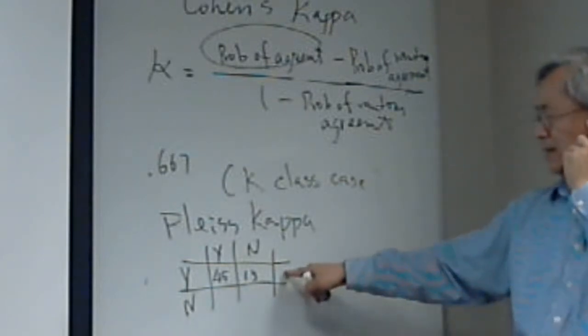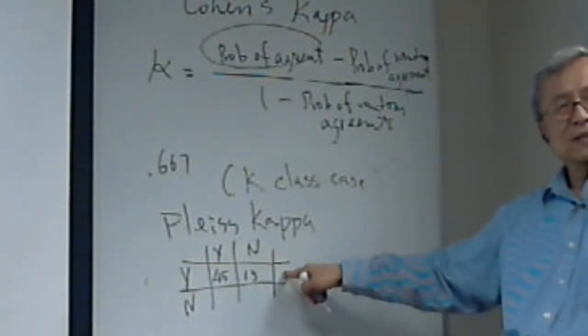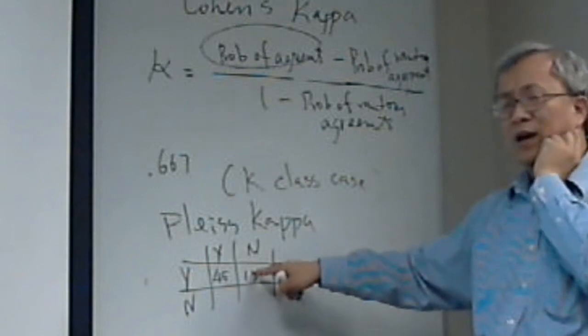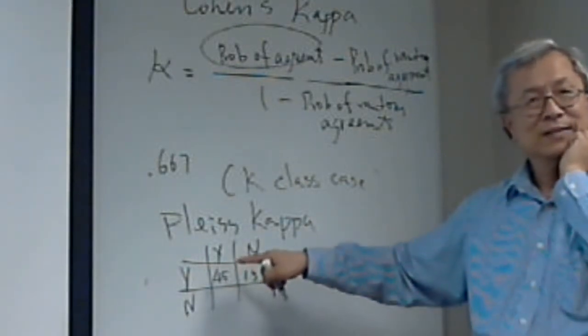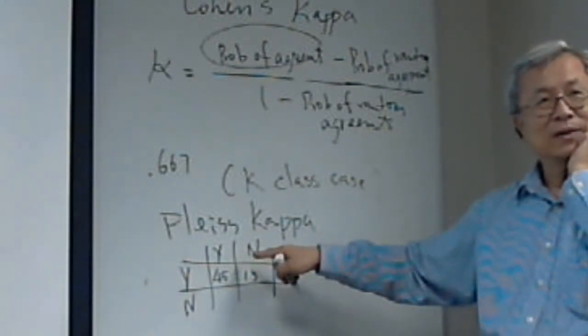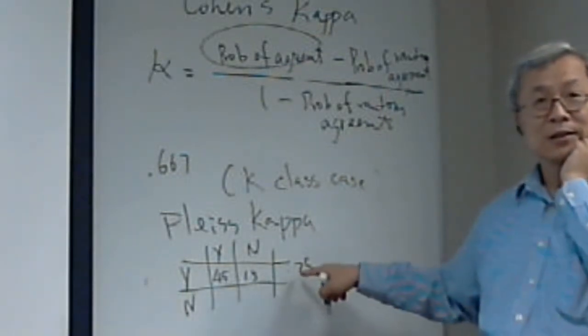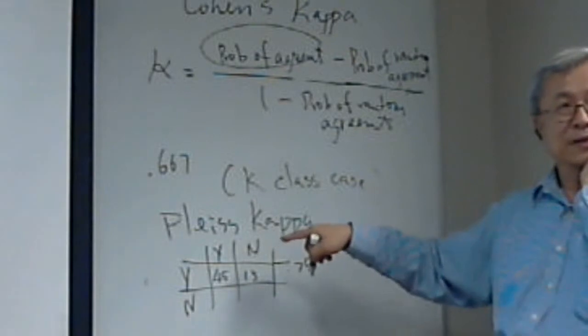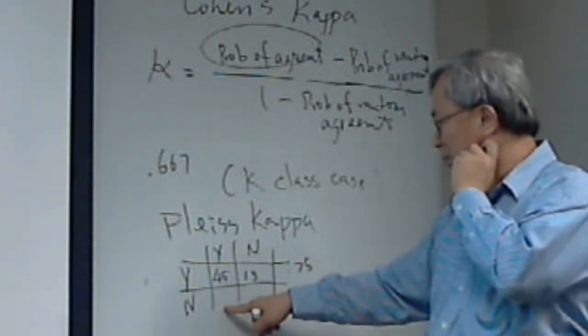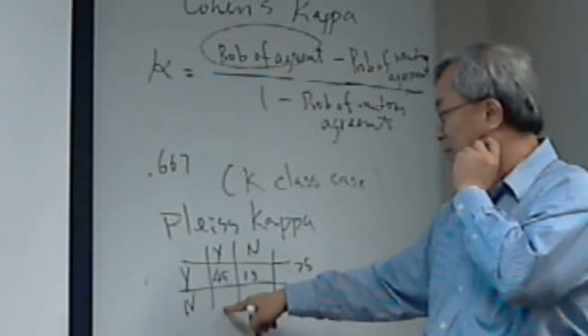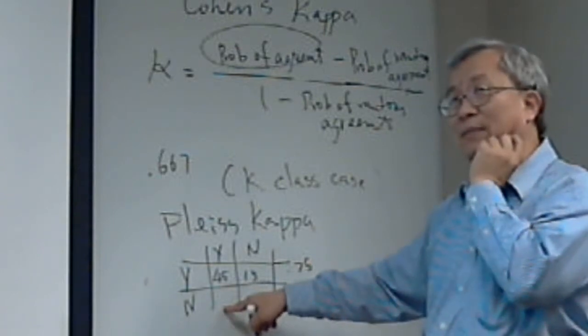What is the class proportion of yeses here? This is 45 out of 60, so what is that? 0.75, right? So that's the accuracy for this one. And for this group, let's say we find the other number. I'm trying to find a good example.